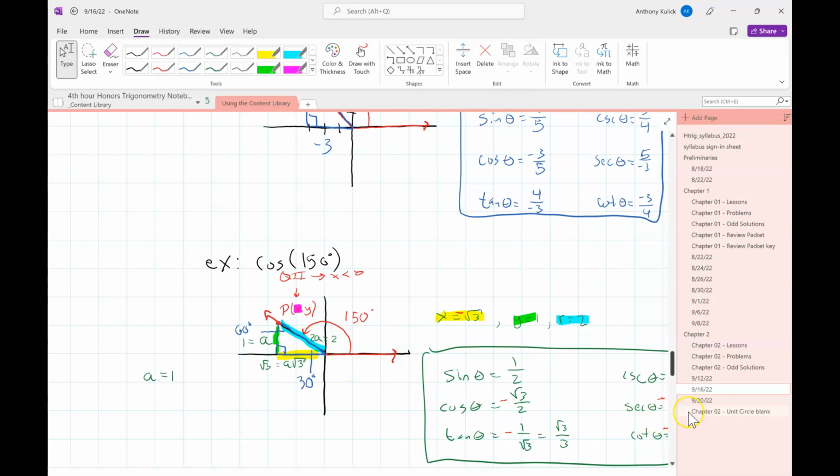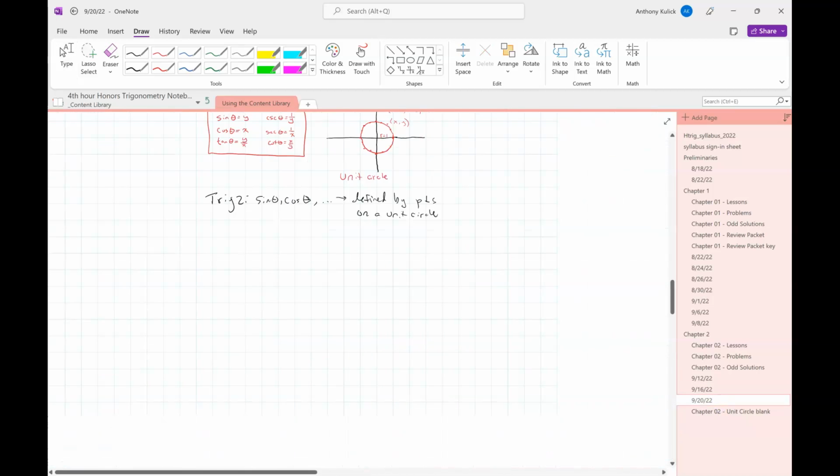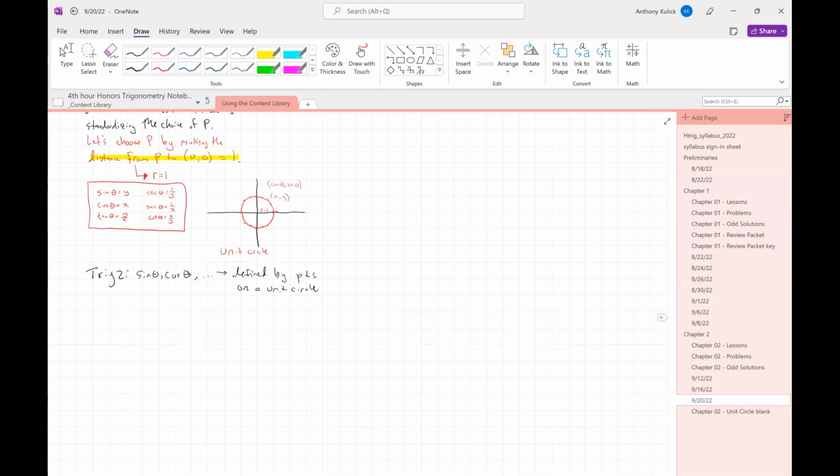The exercise that we're going to be doing here to do that, I'm going to be filling out what's called a unit circle. Thought I dropped one in here already. I've posted a blank copy in the OneNote.